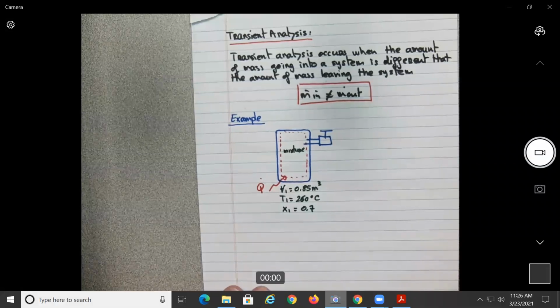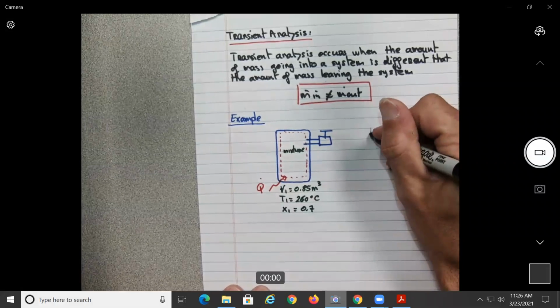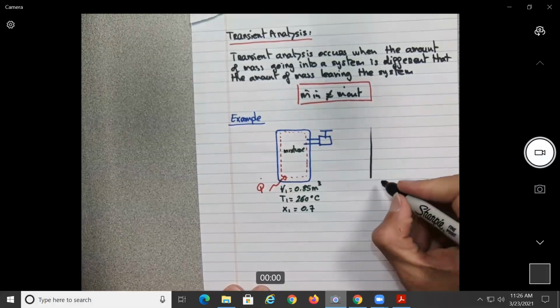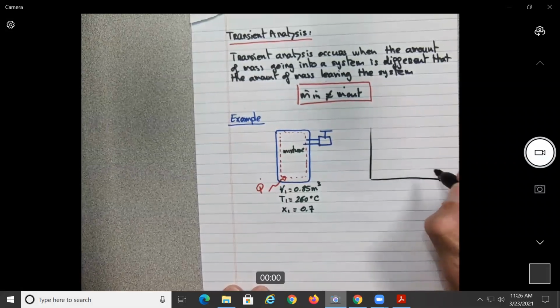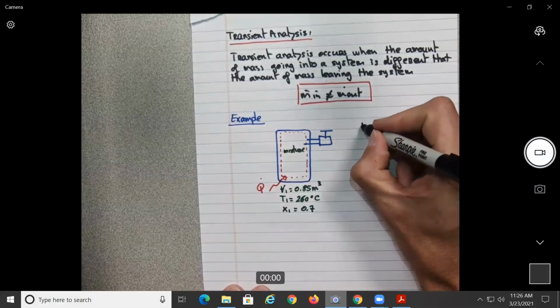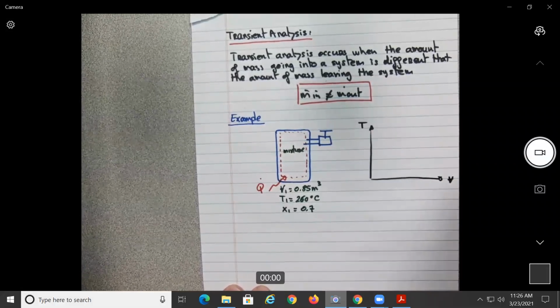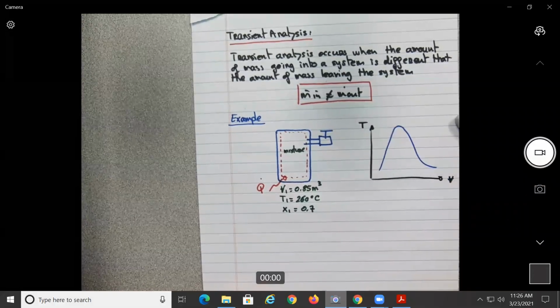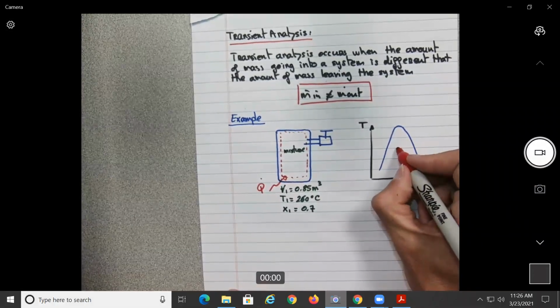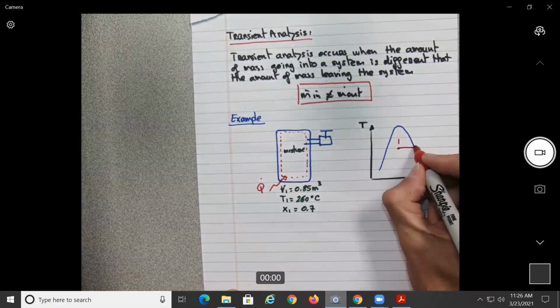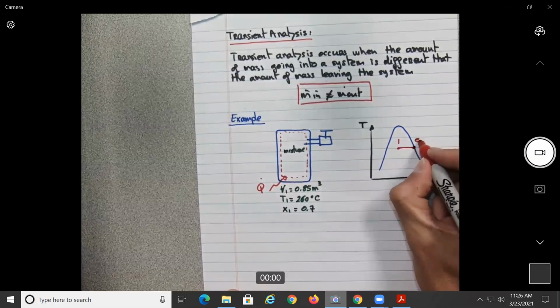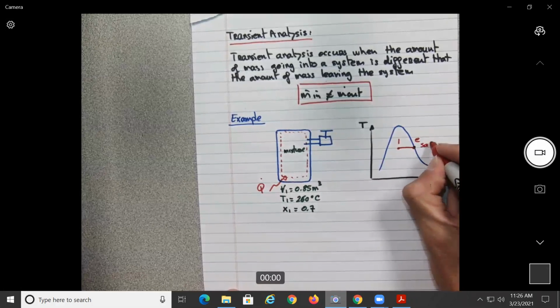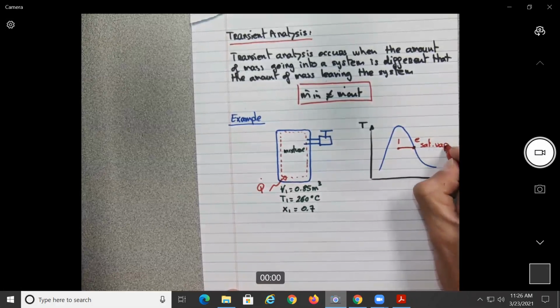In the problem statement, they give us this figure, basically just saying that step one is a mixture, and the end state is saturated vapor.